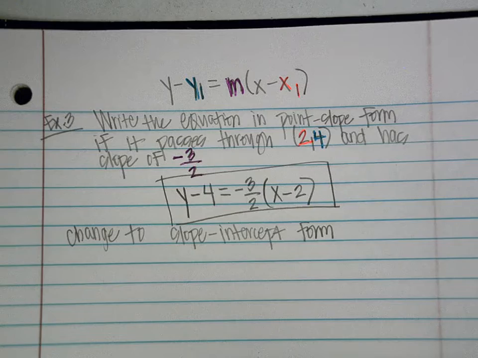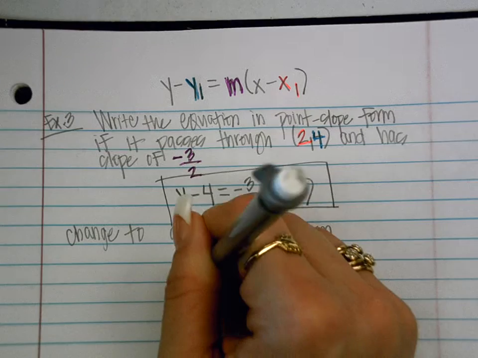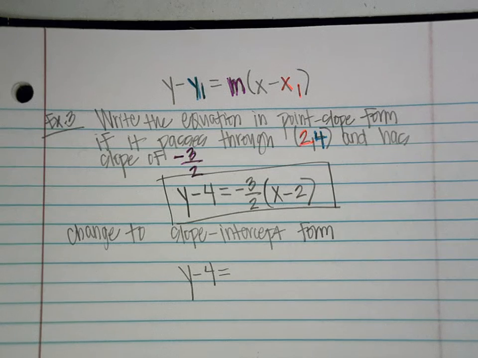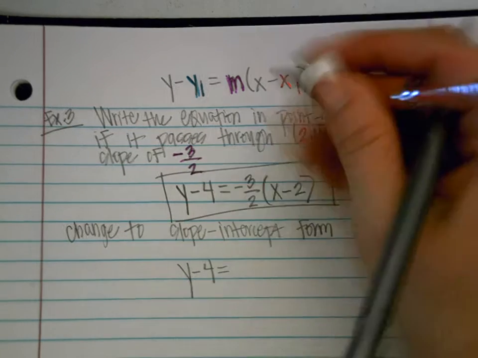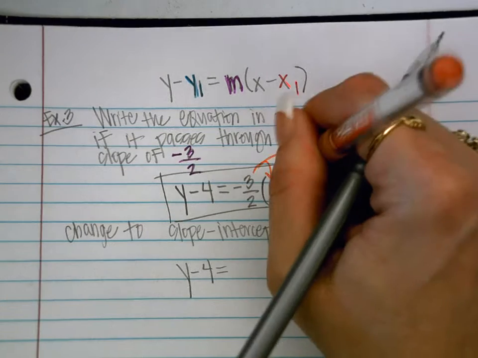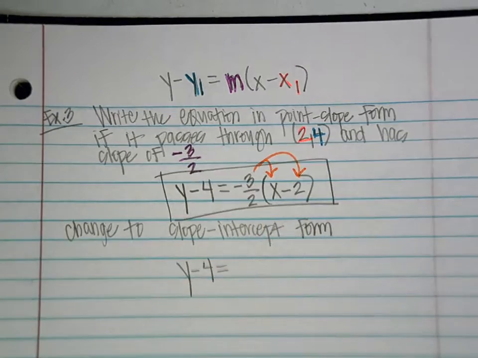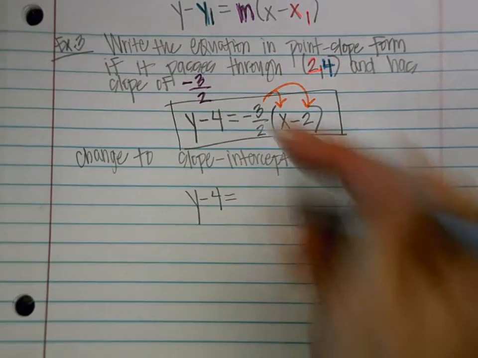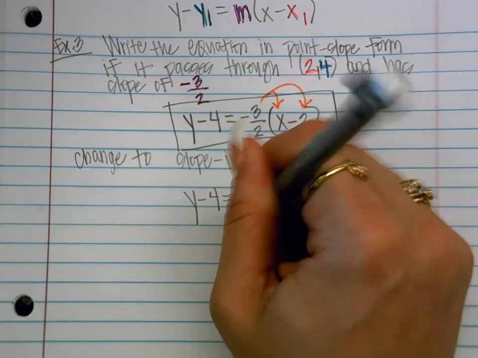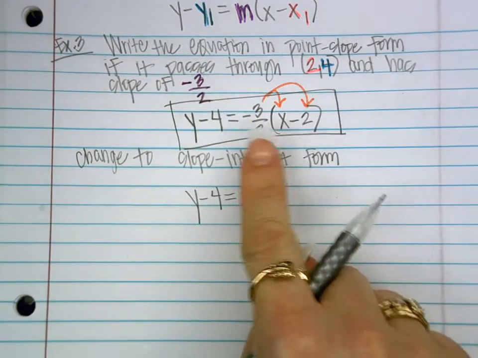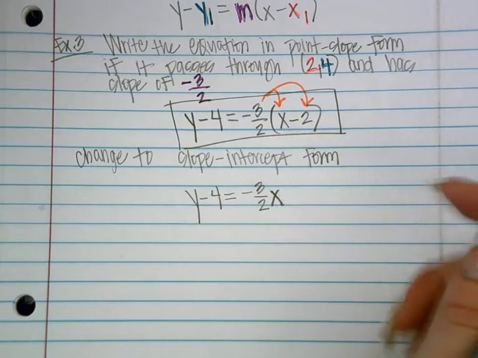Distribute, right. So you still have y minus 4 equals, if I distribute, what's going to happen if I distribute? This negative 3 over 2 goes to x and to negative 2. What's negative 3 over 2 times x? Negative 3 over 2x. And that's okay. Then what happens when I distribute a negative 3 over 2 times a negative 2?